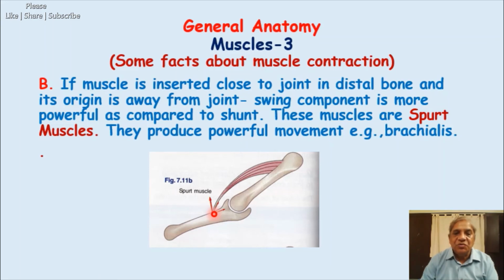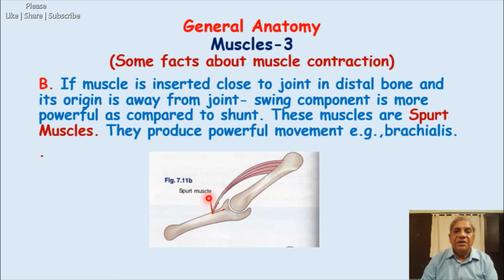Here it is the elbow joint. And this kind of muscle which is powerful in its movement has the swing action. In the swing action, they are attached close to the proximal end of the distal bone, and this kind of muscle is called a spurt muscle, S-P-U-R-T, spurt muscle.